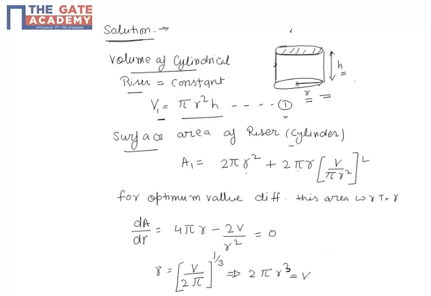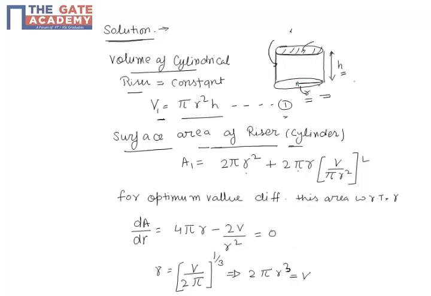The surface area of my riser, that is a cylindrical shape riser. So we know that the surface area for a cylinder is equal to 2 times area of this circle plus this curvilinear area, this curved surface.